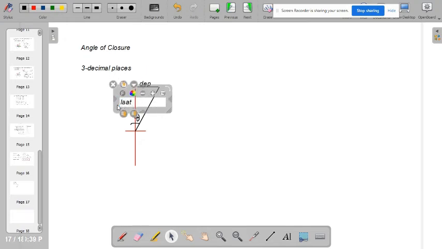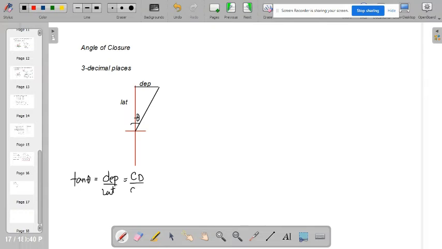So to get the theta, tangent theta is equal to departure over latitude, or CD over CL.